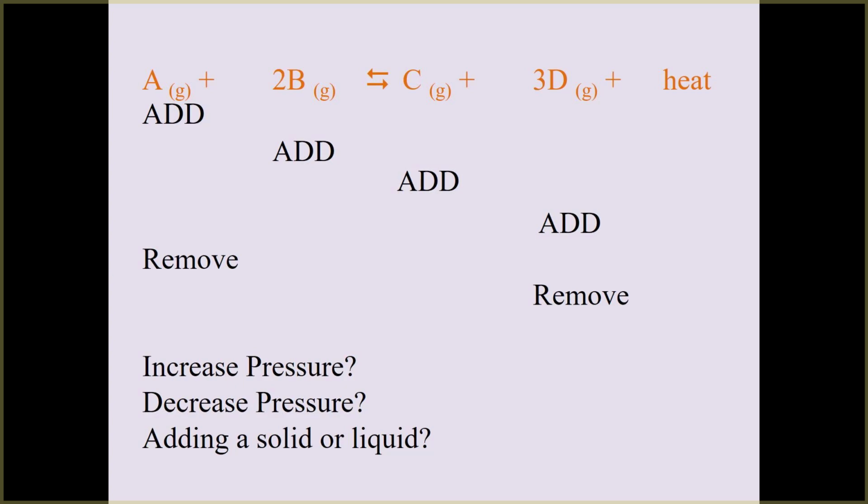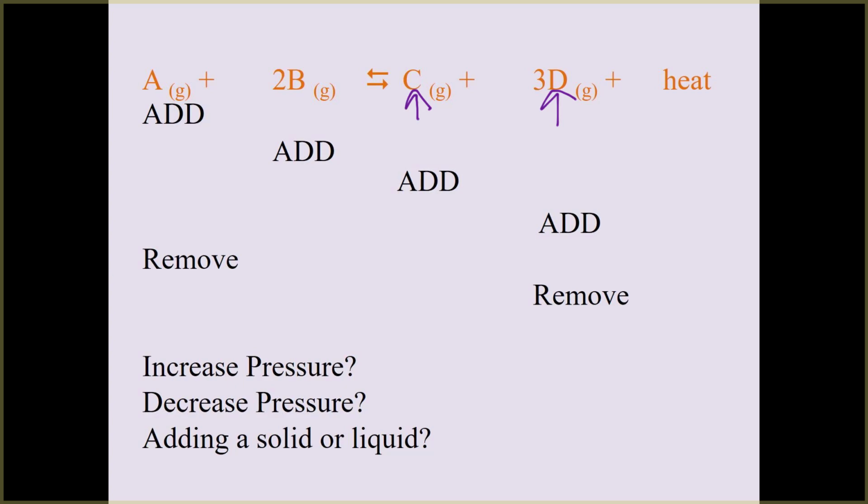So if I have this A and B and C and D at equilibrium, if I add A, there's going to be so much A that the B is going to be able to combine with the A, and it's going to get used up. And so when A and B combine, you are going to get more C and D. So you're going to have an increase in C and an increase in D because A and B are reacting.